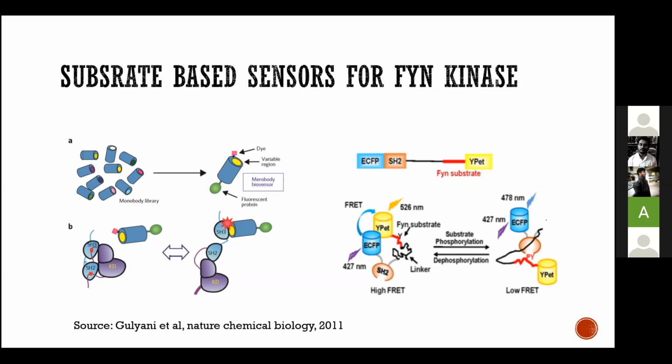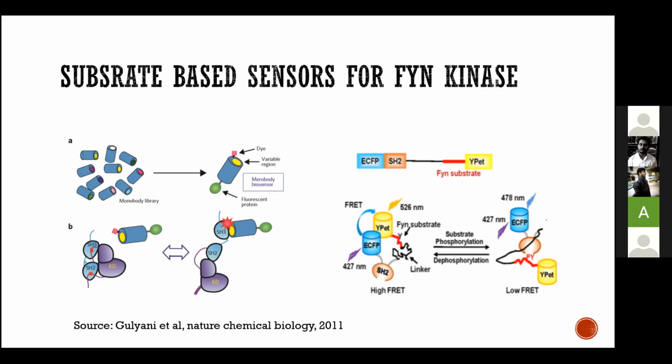There is a random phosphate which can come and activate your tyrosine SH2 domain anytime, whether you want it or not. So it sort of gives you false positive data.